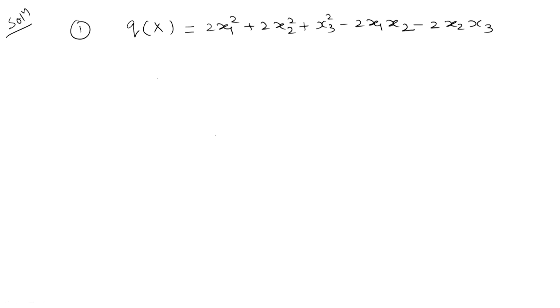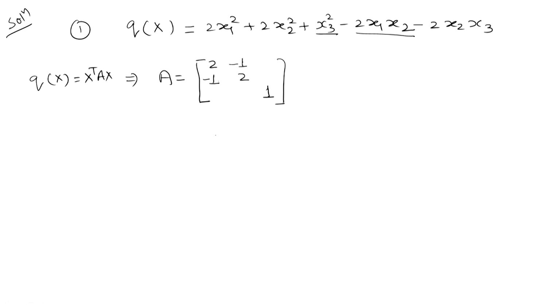Now the associated matrix is, q(x) equals x transpose A x, then A equals: here will come the coefficient of x1 square, 2; the diagonal entry in the second row will be the coefficient of x2 square, and in the same way the diagonal entry in the third row will be the coefficient of x3 square. For minus 2 x1 x2, I will take minus 1 here and minus 1 here.